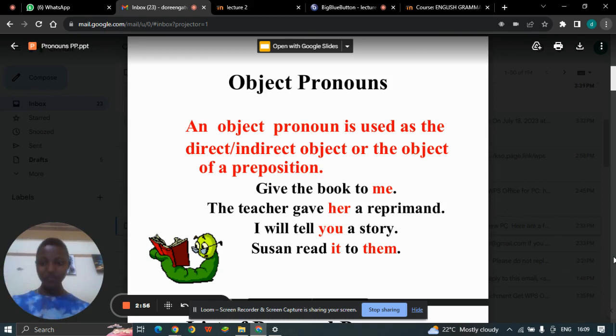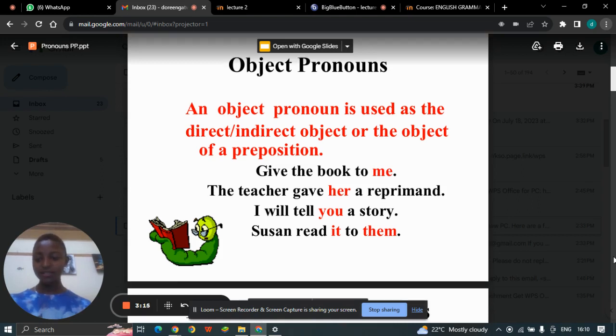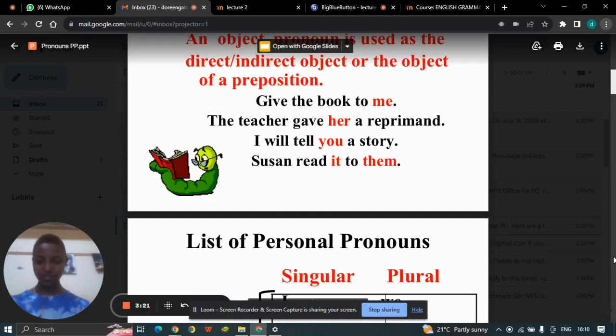If you want to identify a direct or indirect object, you have to ask yourself the following questions: of what, for what, to what, or of whom, to whom, for whom. For example, the teacher gave her a reprimand. Her is an object. At your own time, identify whether it's a direct or indirect object.